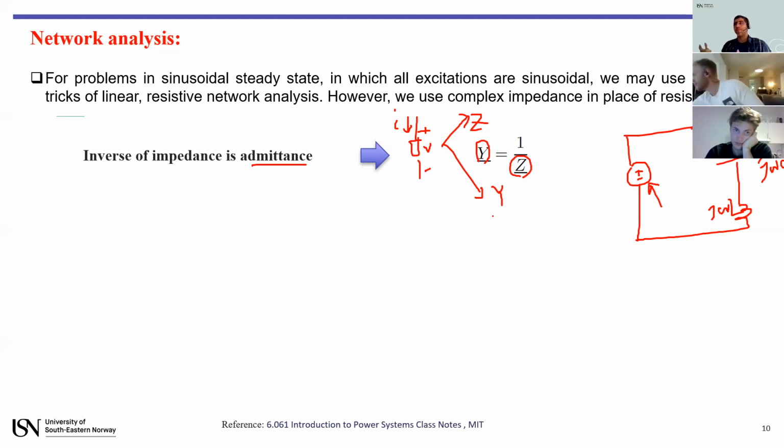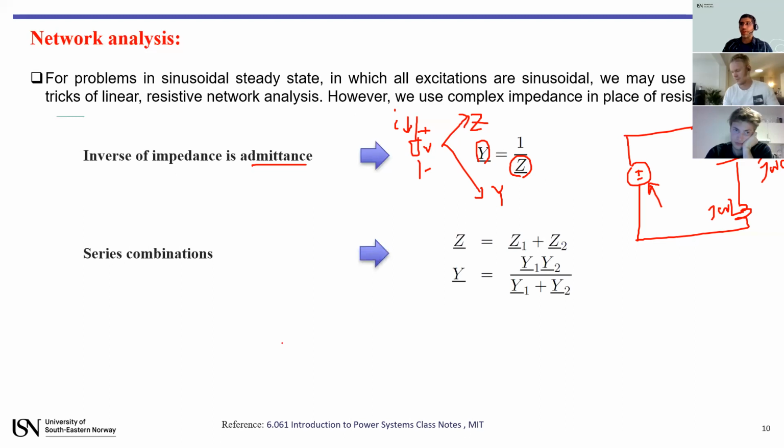But you have to know that the admittance is the inverse of impedance. It is important. And you have to know how to combine two elements in series and in parallel. For example, in the series combination, suppose that you have two elements here, and no, it's parallel.